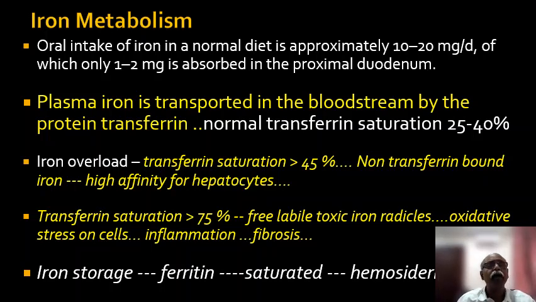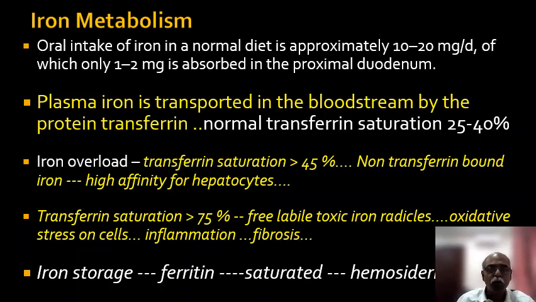When there is excessive iron absorption because of abnormality of either hepcidin or excessive iron intake, then what happens? If the transferrin saturation exceeds 45%, the transferrin cannot accommodate extra iron. That iron is known as non-transferrin bound iron, which is in the plasma.